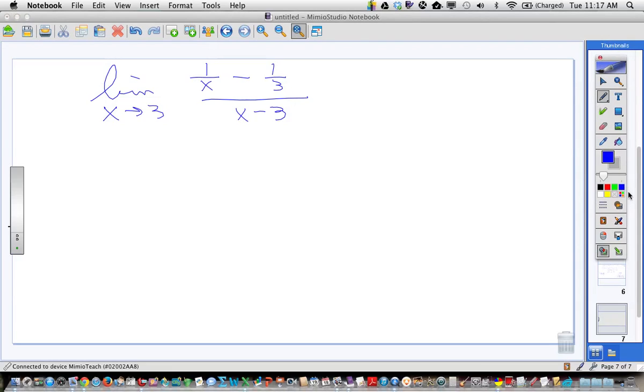Now there's the bow tie thing for getting a common denominator. I also talked about multiplying by the common denominator to clear out the fractions. That's another option.